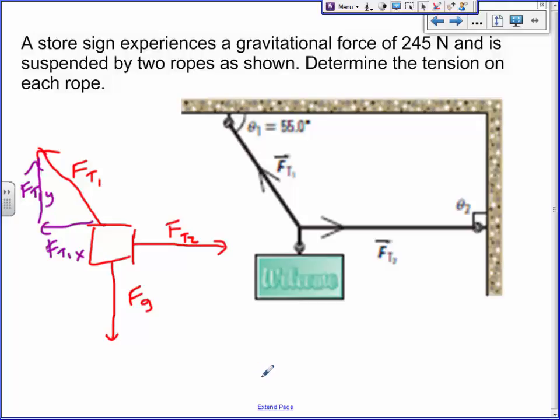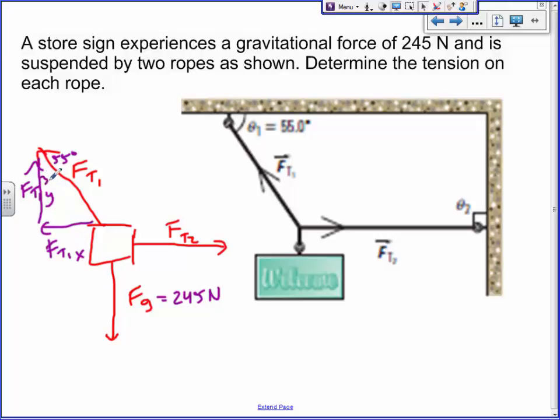What's the only number I'm given? Force of gravity is 245 newtons. The only number I'm given. Sorry, you do get an angle, don't you? Let's deal with that angle in a second here. If this angle right here is, say, 55 degrees, is that actually inside the triangle we need? What would the number inside this triangle right here be?